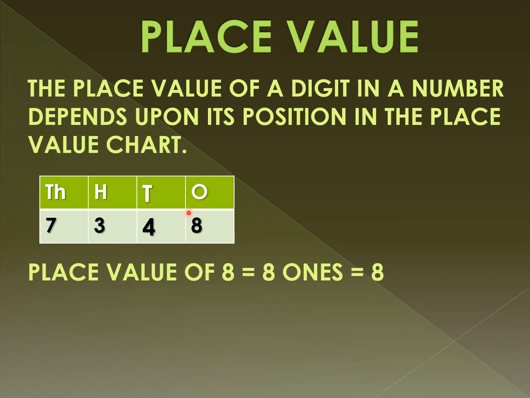Now look at where 8 is placed. 8 is placed in the ones place. The place value of 8 is 8 ones. And when we say 8 ones, what do we mean? It simply means 8. So the place value of 8 is 8.